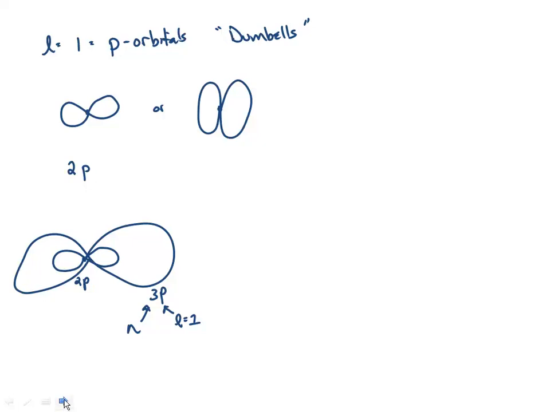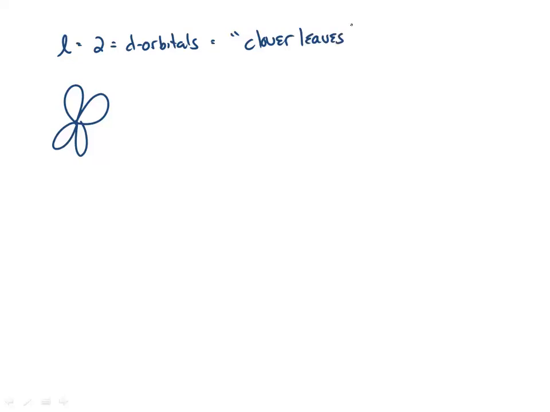So the next quantum number would be L equals 2. That we said describes d orbitals. This is still the second quantum number. So this is details about the second quantum number. Remember, it's talking about the shape of orbitals. So for d orbitals, they tend to either look like 4 lobes like this. So I say they kind of look like clover leaves, or at least the good lucky kind.